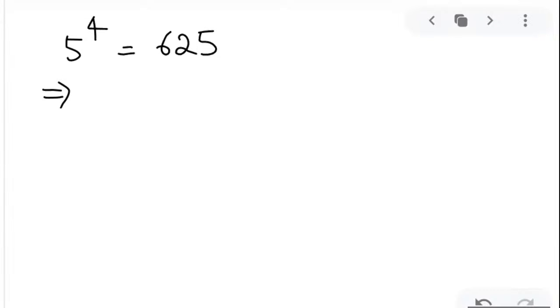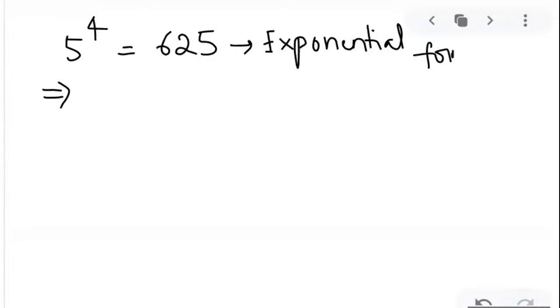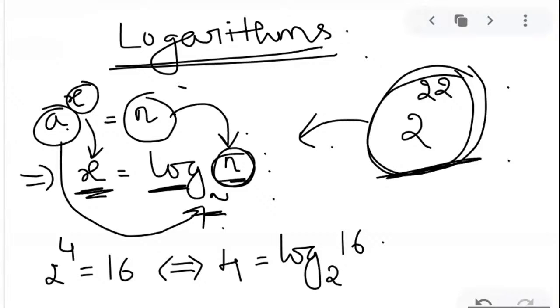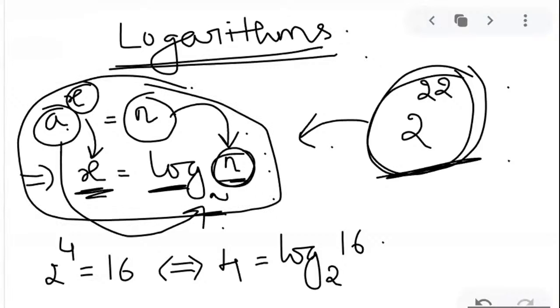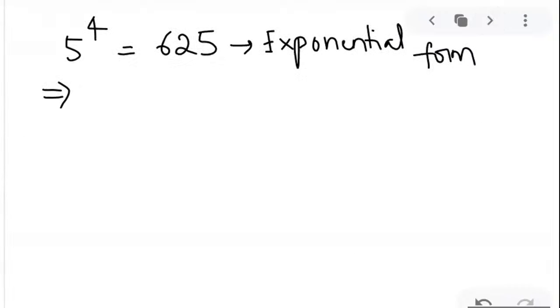Nida, tell me what is the logarithmic form of this? This is called the exponential form. Note this down, this conversion. Then look at it and tell me the answer for this.